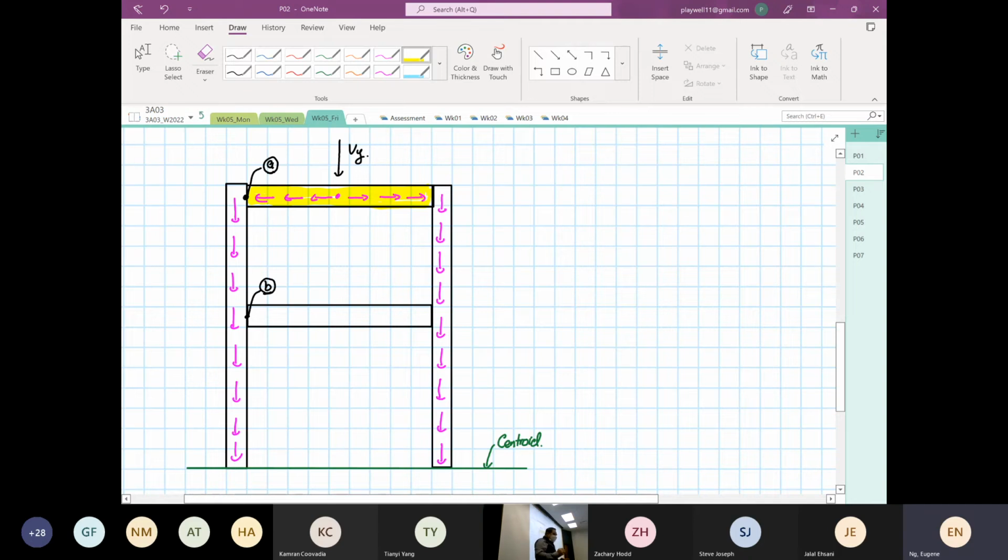How about B? So if we draw the shear flow at B, it will be coming in from two directions. And I'm going to draw the axis where B is coming down from.